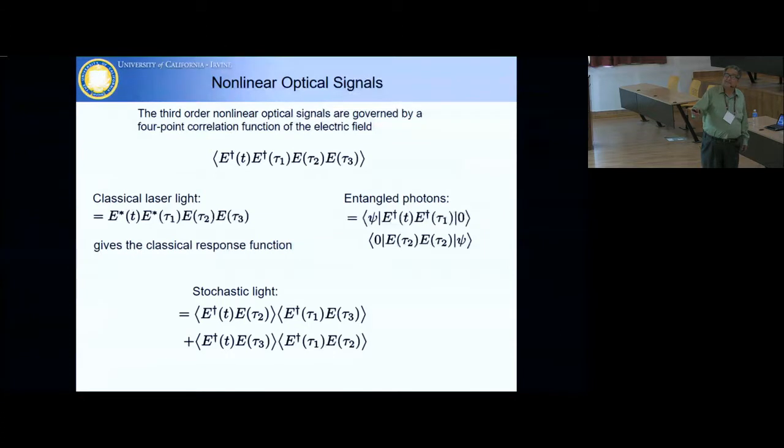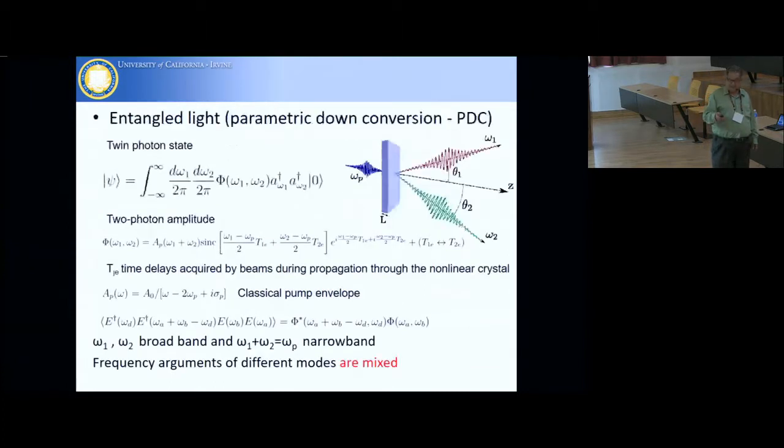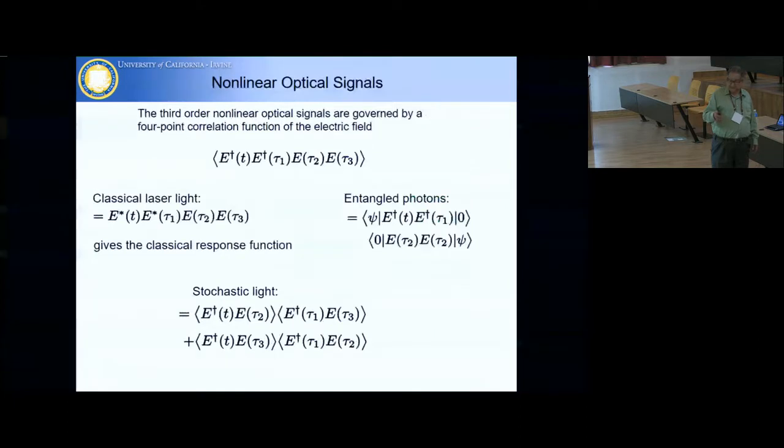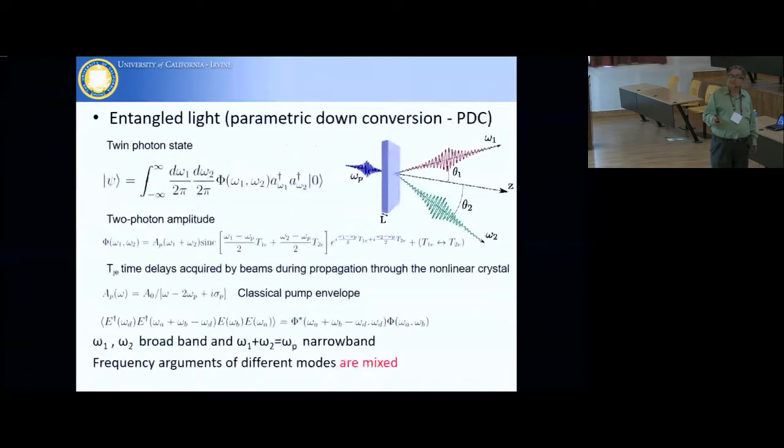And if you have stochastic light, nothing quantum, you should factorize it in every possible ways. And in this case, it gives you this. So these are 3 realizations that will give you different spectroscopic signals. So it's like looking at the matter through different windows that are controlled by these correlation functions.